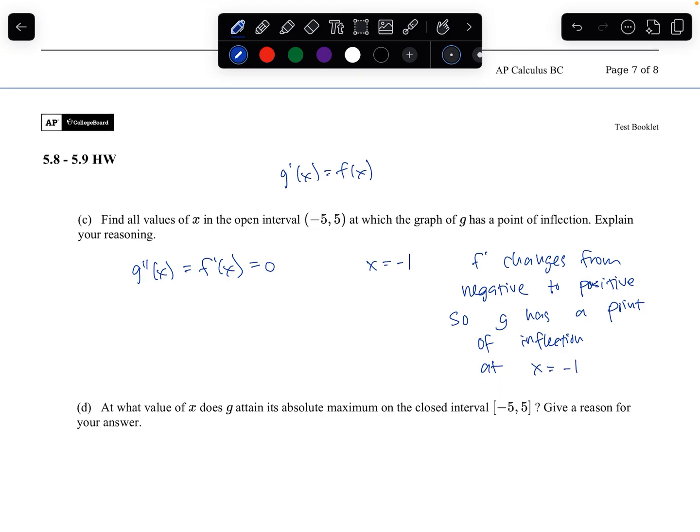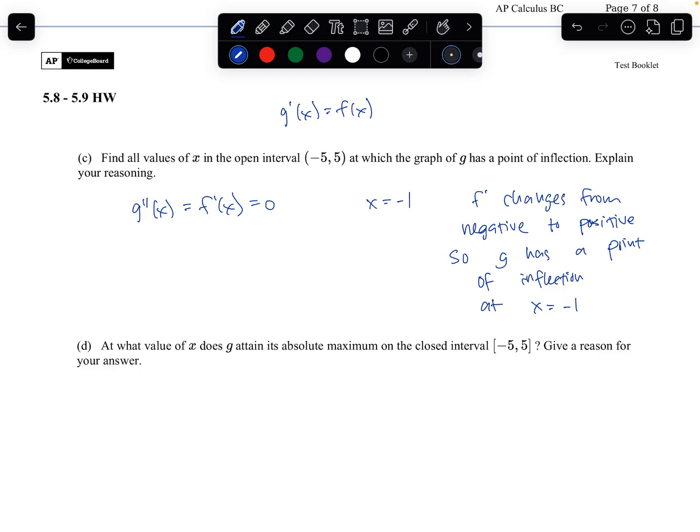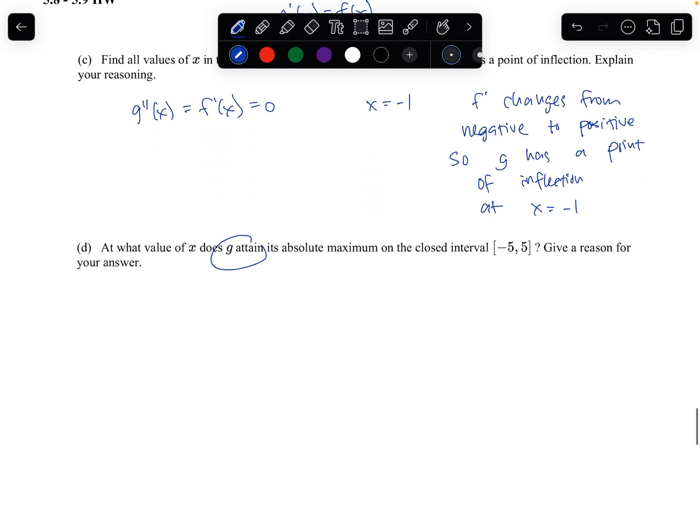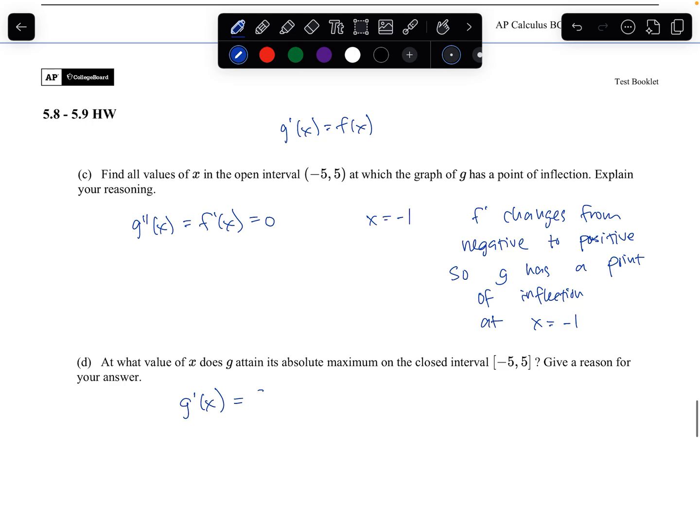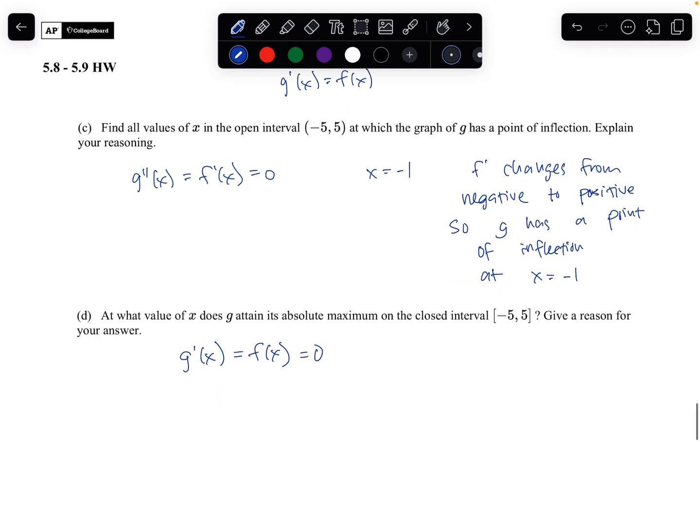Okay, and D, at what value of x does G attain its absolute maximum on the closed interval from -5 to 5? So when does G attain an absolute maximum? So that sounds like it's the candidates test. So when does G prime of x, which is equal to f of x, equal 0? Okay, and then we also have the endpoints.